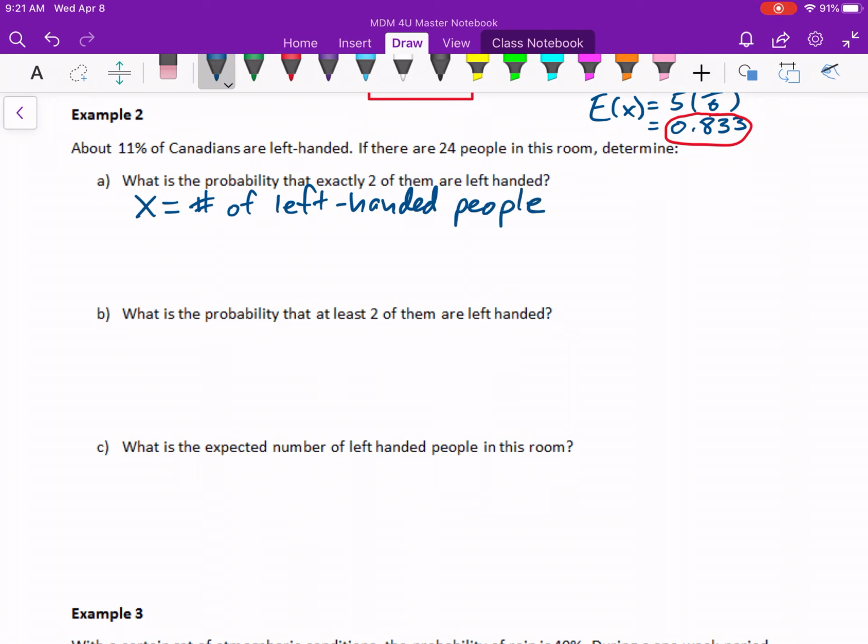And in this case, we're looking for 2 of them, so we want to find an x value of 2. So that's what we have in this case. We need to know what n is. All right, well, that's no problem. There are 24 people in the room, so that gives us our n value.